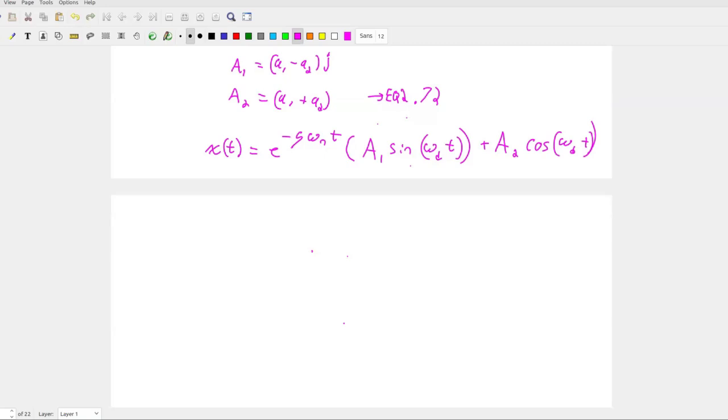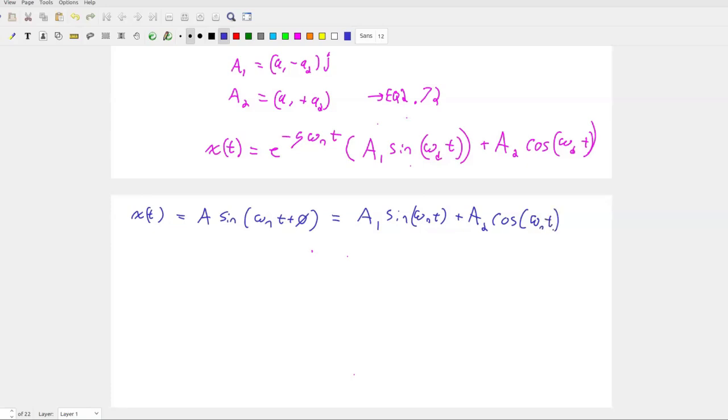So we can expand this out. If you remember from before, from the 1 degree of freedom, we showed, and I'm going to put this in blue because it's coming back from memory, that x of t is equal to A sine of omega n t plus phi, which is equal to A1 sine of omega n t plus A2 cosine of omega n t.